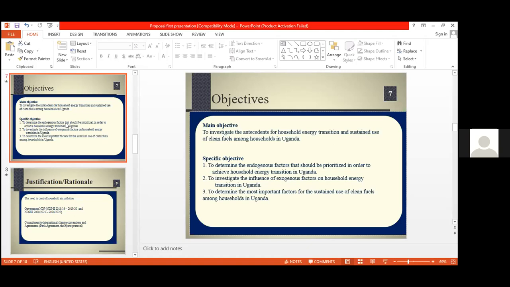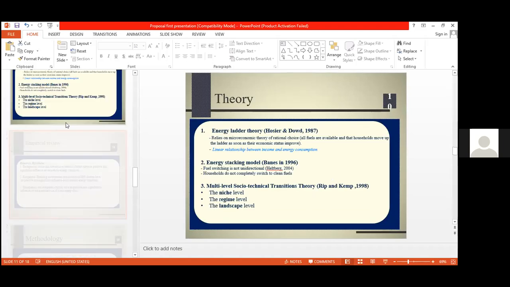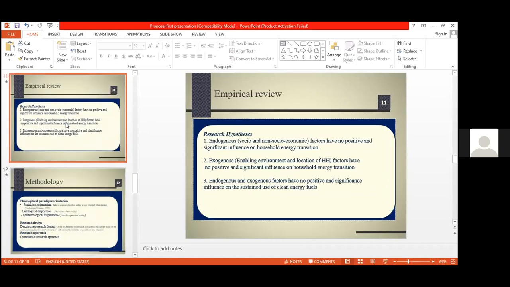Additionally, we have 3 specific objectives, and when we go to hypotheses, we again have 3 hypotheses. I was wondering, we have 3 specific objectives, and then we have again 3 hypotheses.